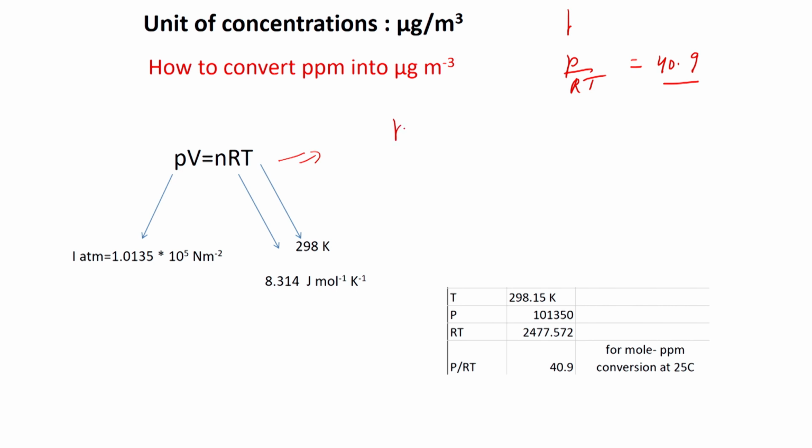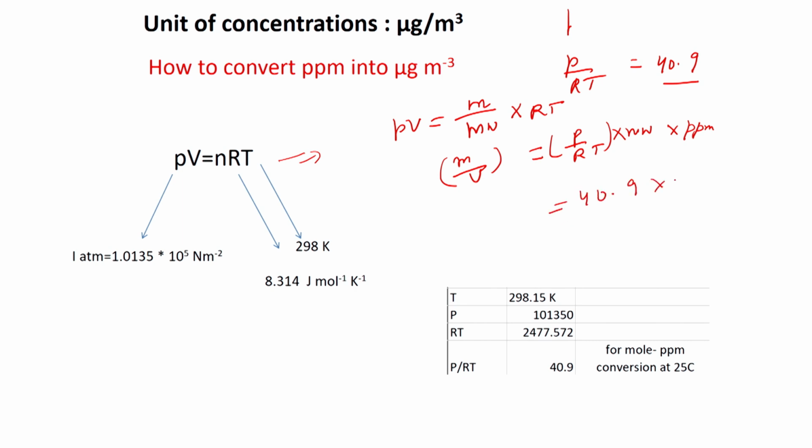You can write PV equals n, which is mass divided by molecular weight, into RT. Now from here, if you want to write concentration, m upon V, it can be written as P upon RT into molecular weight. Then you will have the concentration in ppm, because you have to use 10 to the power minus 6 there, and P upon RT is actually 40.9 if you calculate, and then you have the molecular weight, and then you have ppm. So just remember these equations.